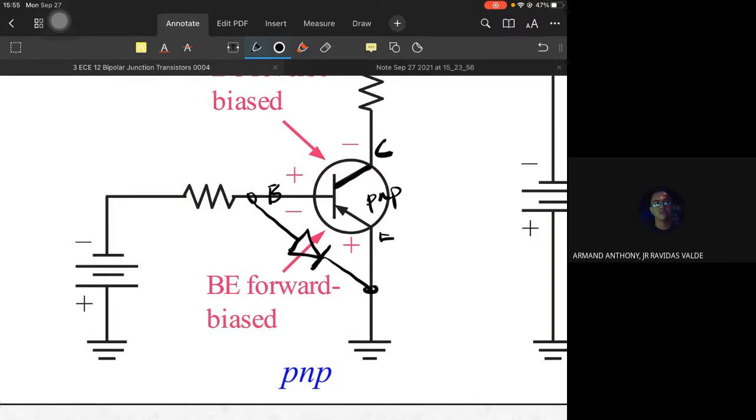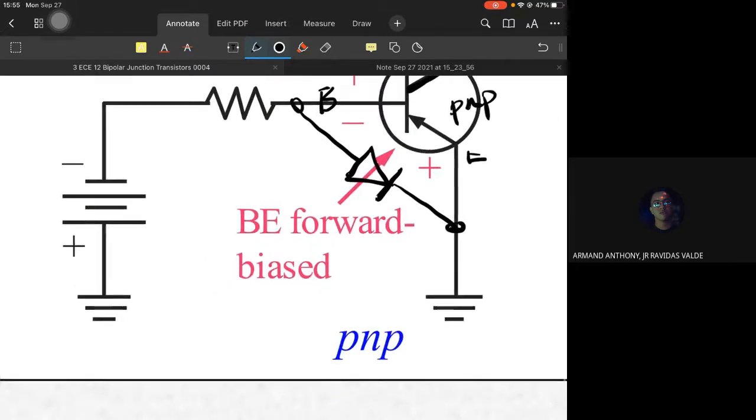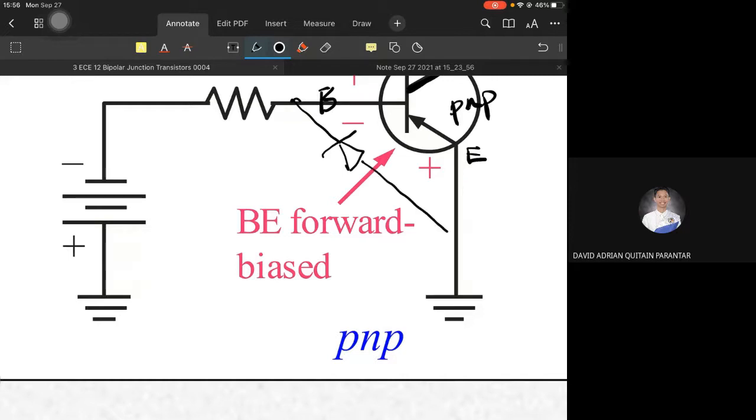Sayop, no? Reverse bias dapat ni. So sayop akong drawing.